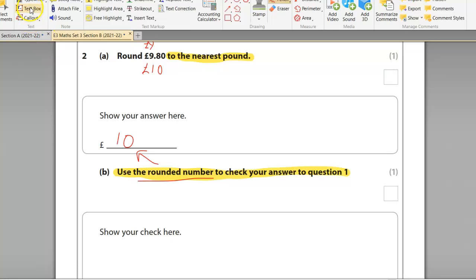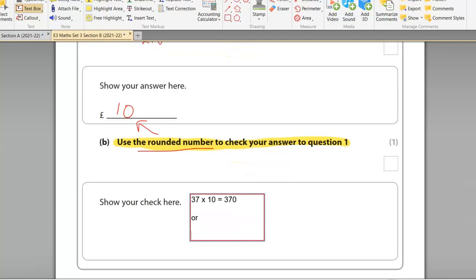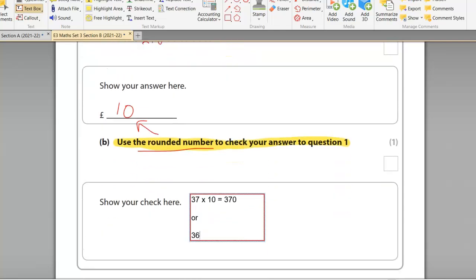So here you can either say 37 times 10 is 370, or if you want to do it backwards, you can say, what's the figure we've got here? 362.6 divided by 10 would be 36.26.